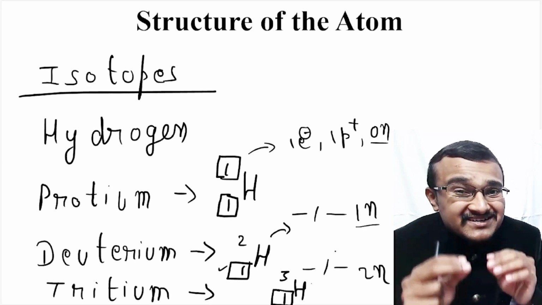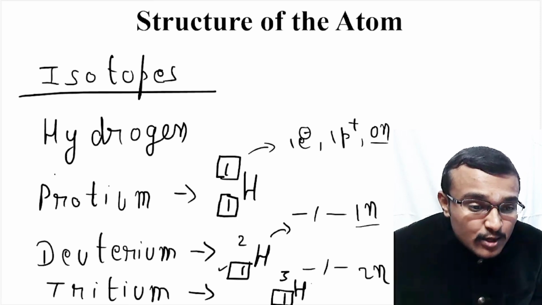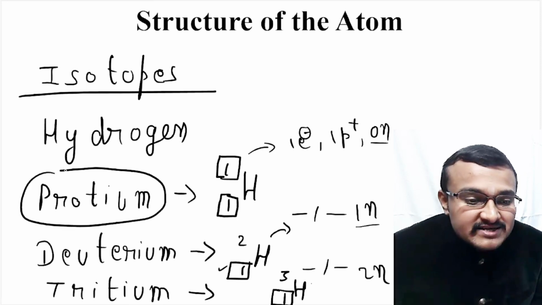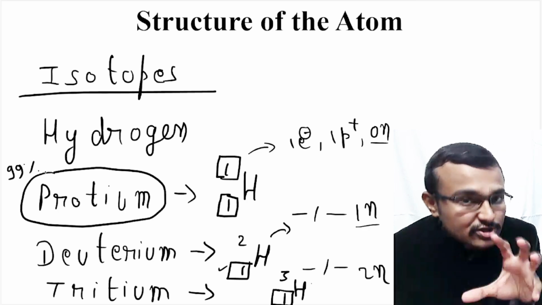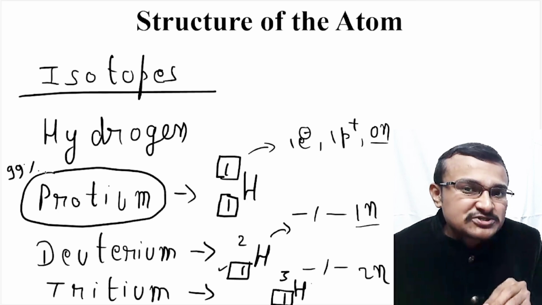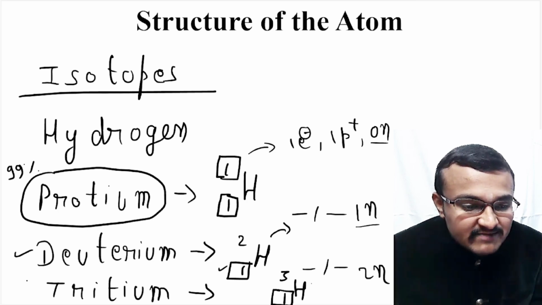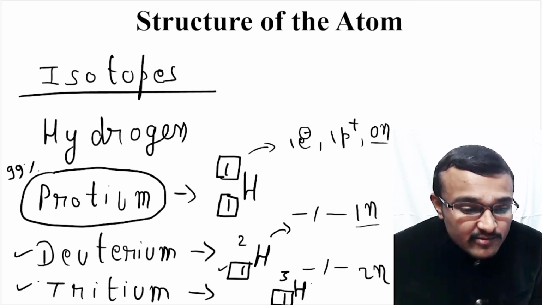If you consider the percentage of isotopes of hydrogen, protium is in maximum percentage. More than 99% of hydrogen is in the form of protium, and a very small percentage is in the form of deuterium, and a very small percentage is in the form of tritium.